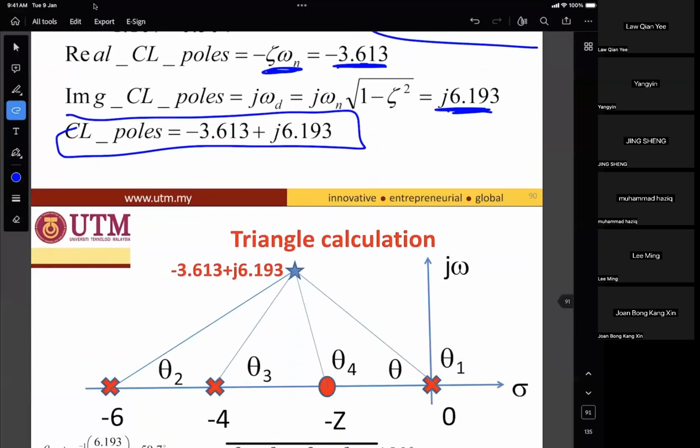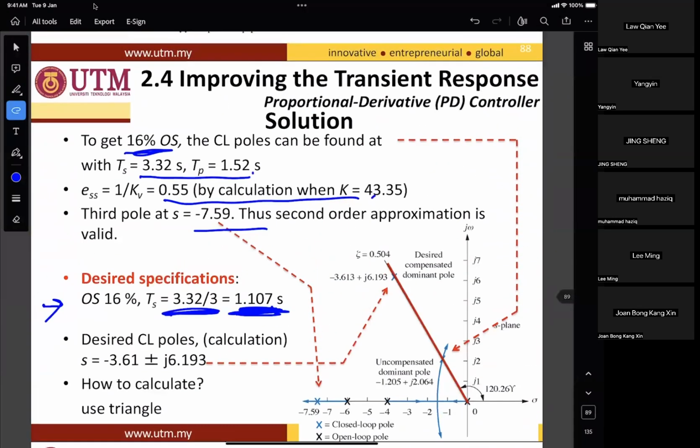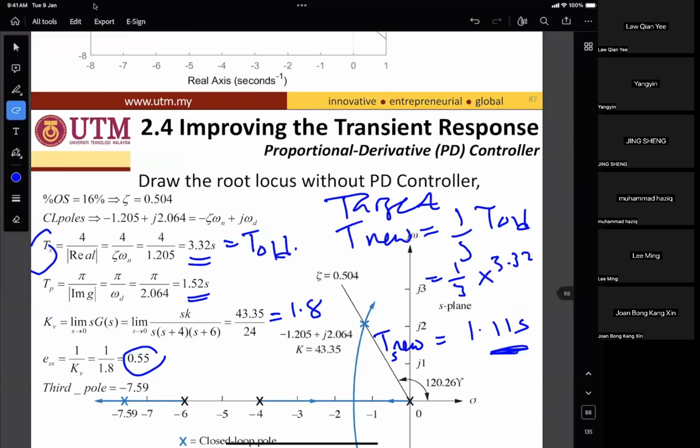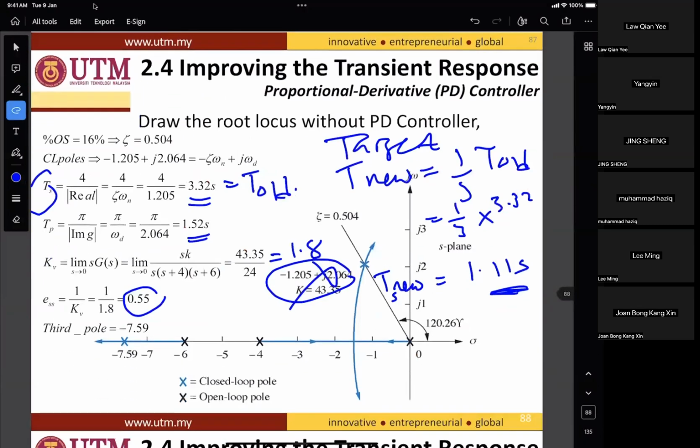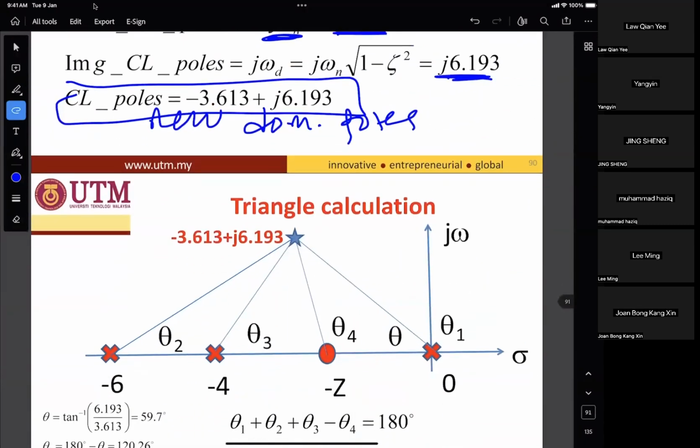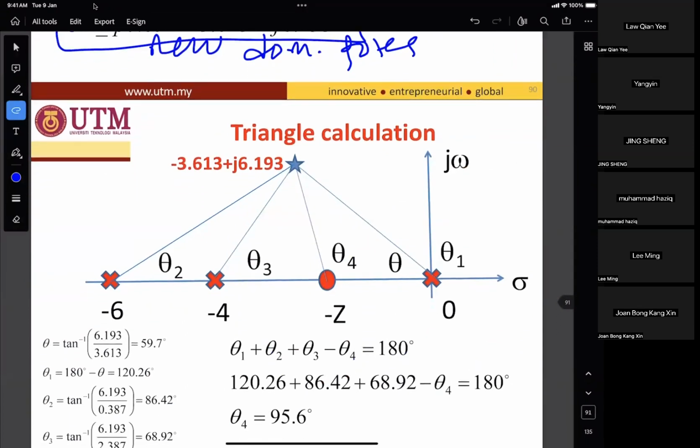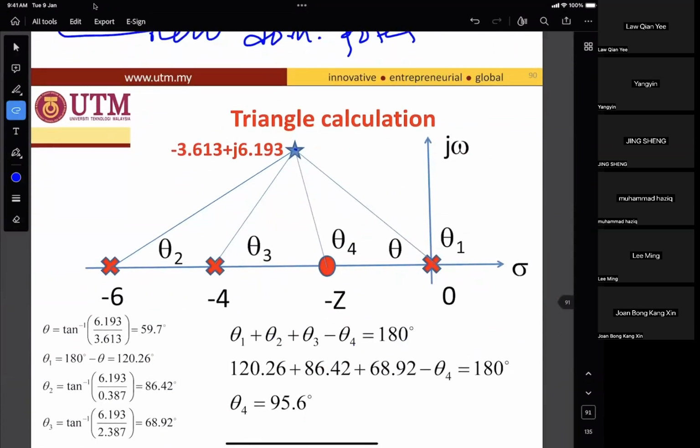So now we have to find the zero value. This one is the new dominant pole; the old dominant pole will be ignored. It's no more. We locate the new dominant pole here. Then these are the open loop poles at minus 6, minus 4, and 0.